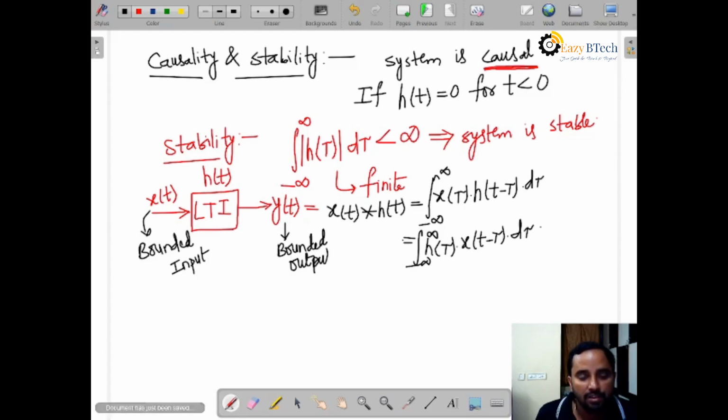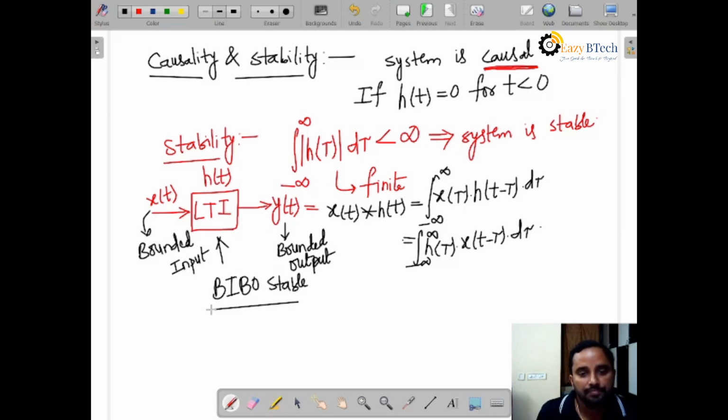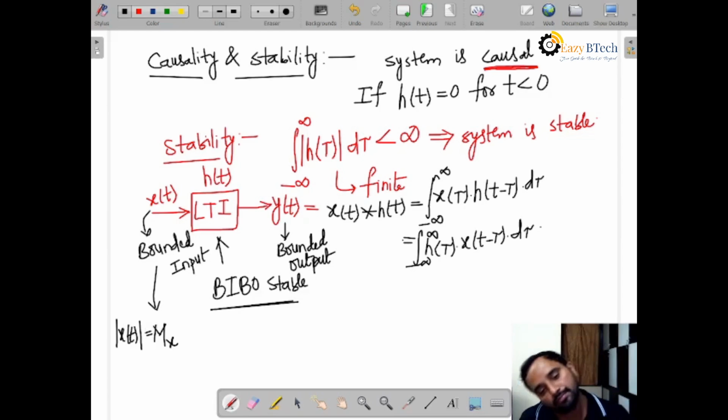Then this system is called BIBO stable, bounded input bounded output stable system. Let's take the bounded input value, the magnitude of the input, as mx. Consider it may be 10 or 20 or something, mx.